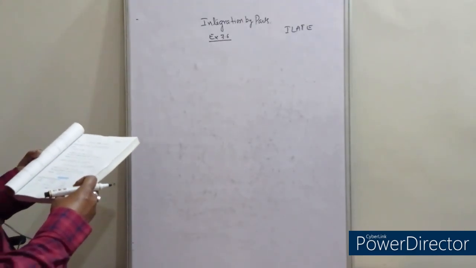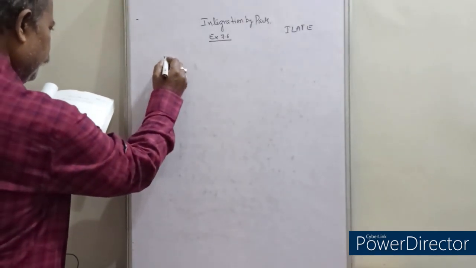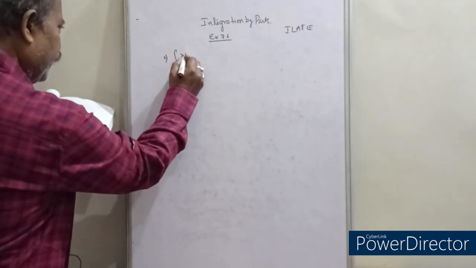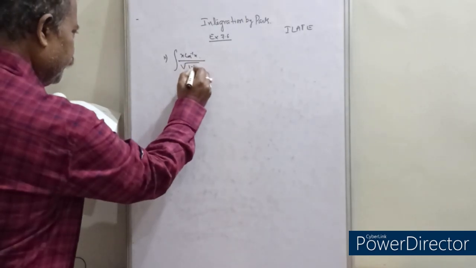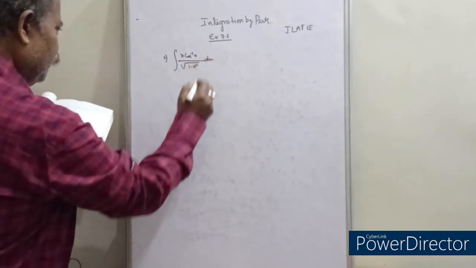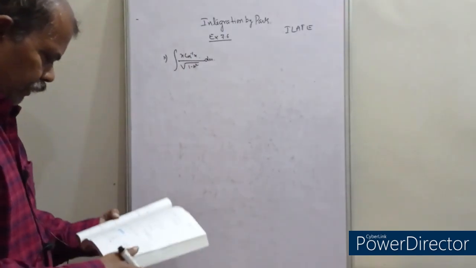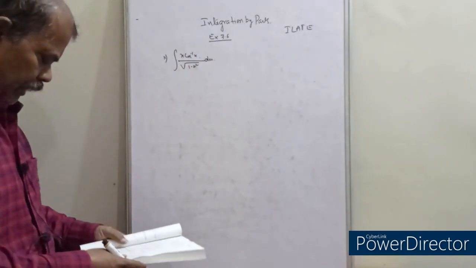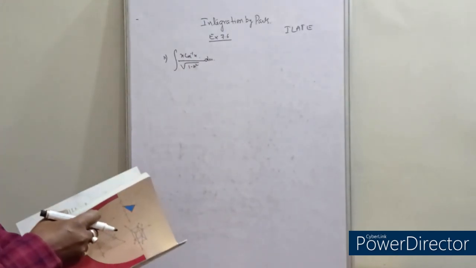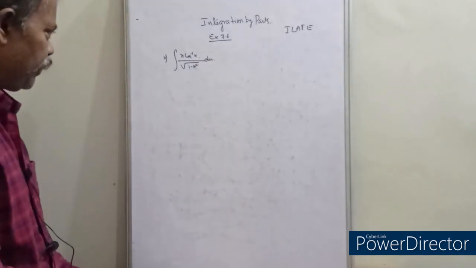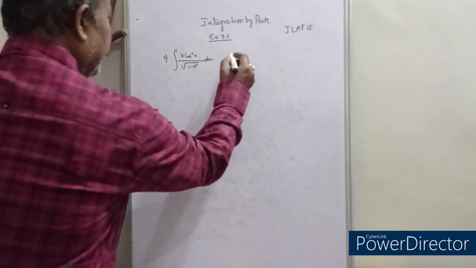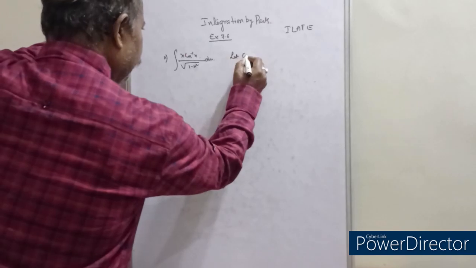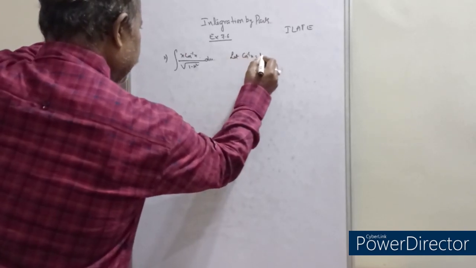Now question number 11: the integration of x cos inverse x by root over 1 minus x square dx. Again, to solve this I am going to take the help of the substitution method. Let cos inverse x be equal to t.